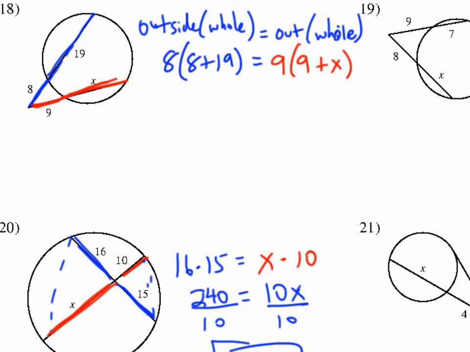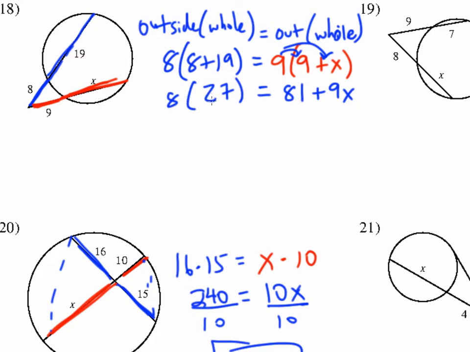So let's just add these up. 8 plus 19: 8 plus 20 is 28, so one less is 27. Now again, you can try and divide both sides by 9 here, but let's just distribute. 9 times 9 is 81. 9 times x is 9x.